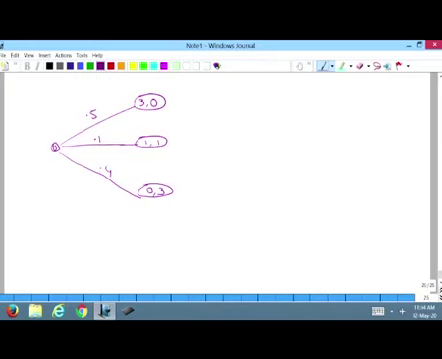This is about the first match. In the second match, 0.5 probability that Mohunbagan wins. So, Mohunbagan's point is 6, East Bengal's is 0. 0.1 that they draw the match.